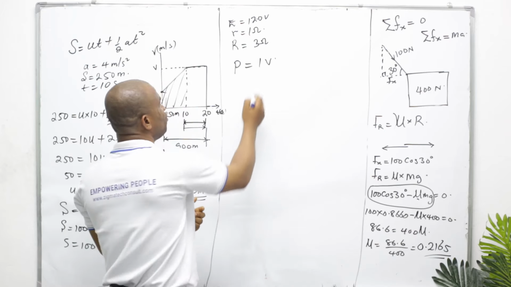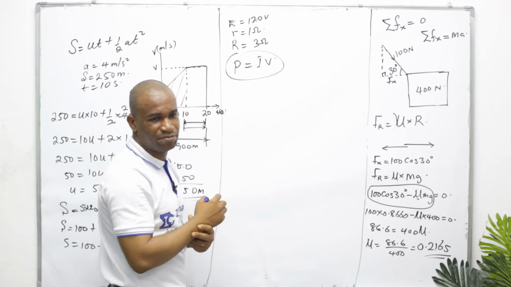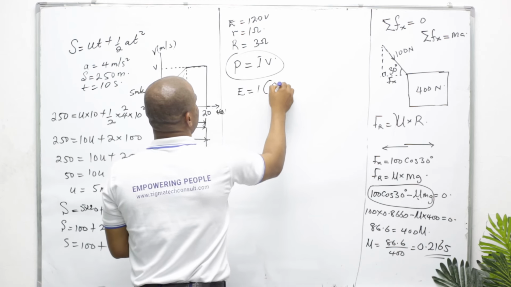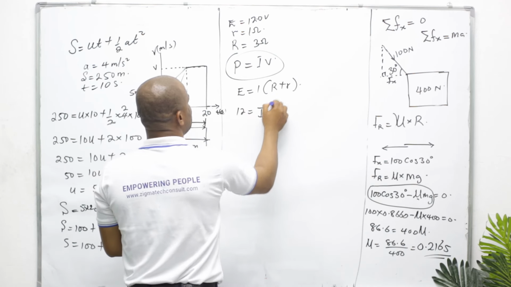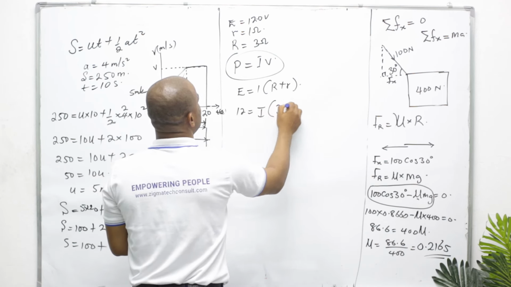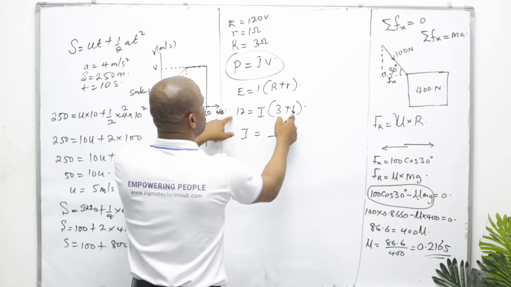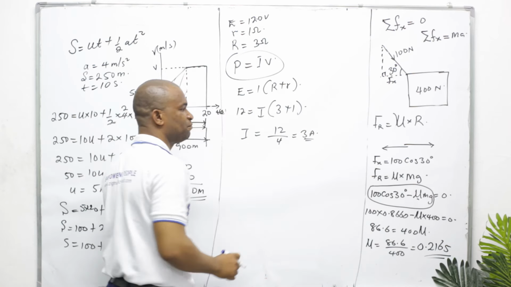But in this case, I don't know I. So let me get I before I start using this formula. According to what we did before, this is the formula: E is 12, I unknown, R is 3 plus 1, so I is 12 all over 4, which is 3 amperes.